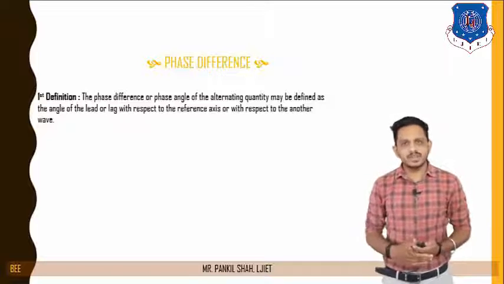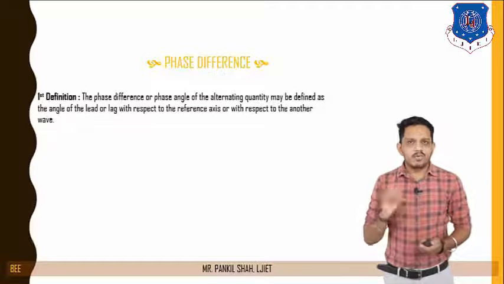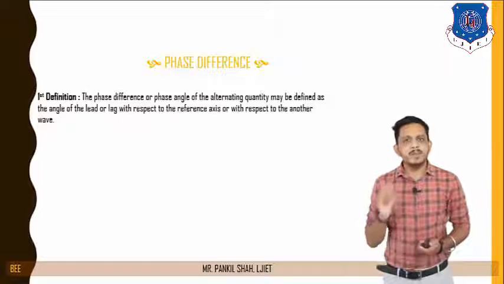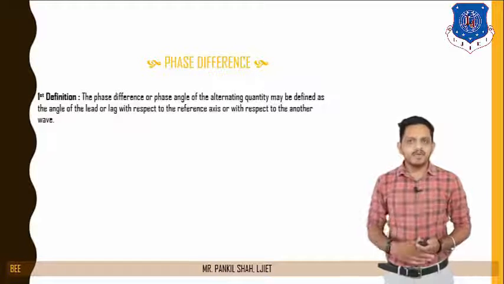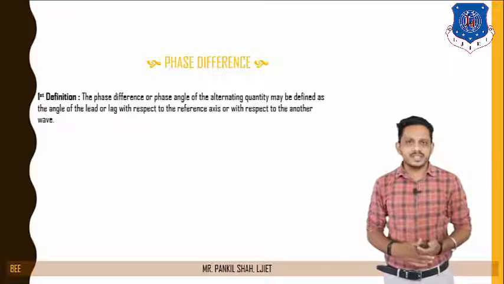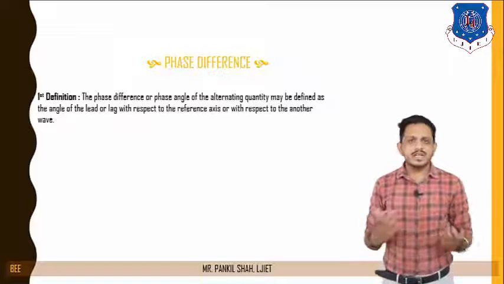So the definition is: the phase difference or phase angle of an alternating quantity may be defined as the angle of lead or lag with respect to the reference axis or with respect to another waveform.